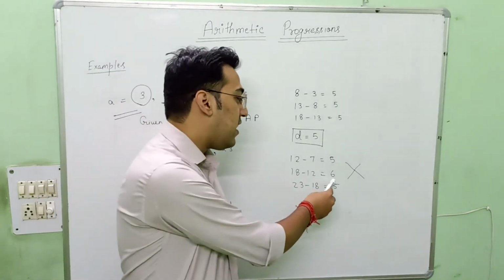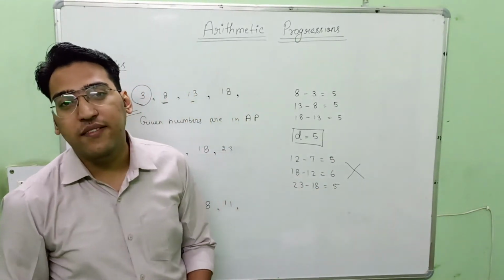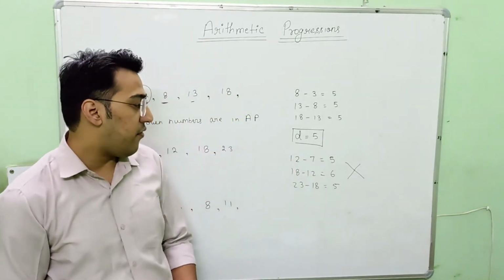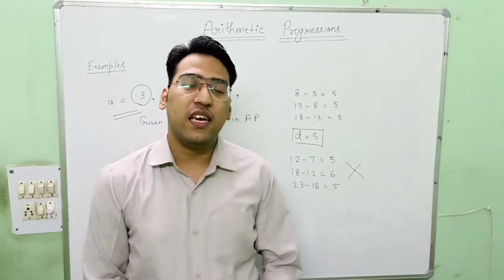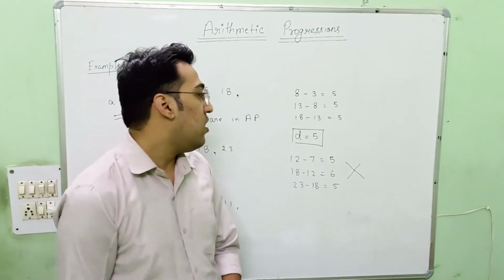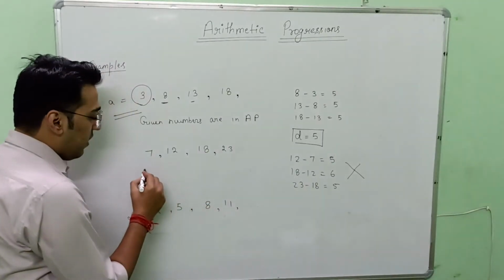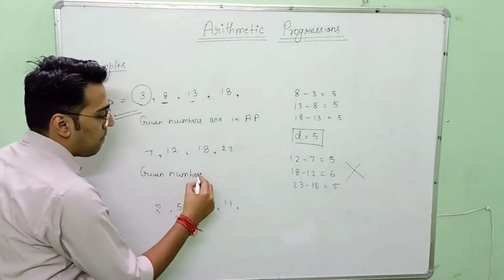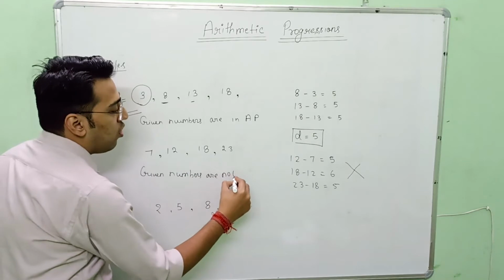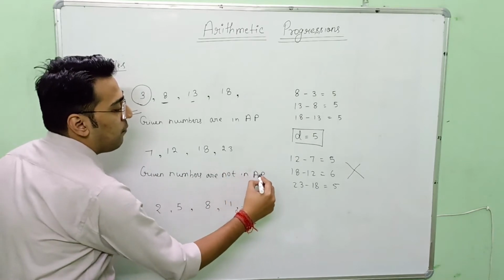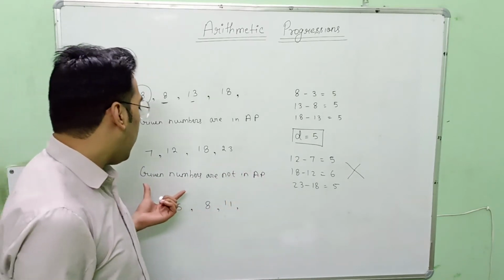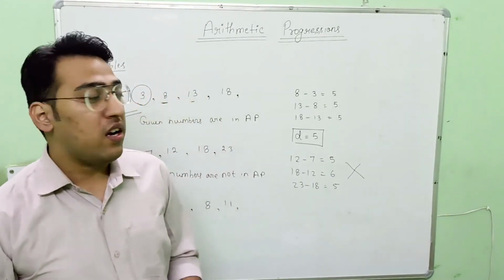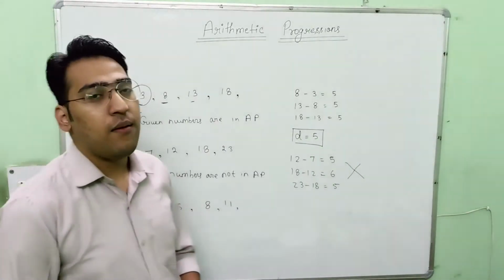But there is 6, so the common difference is not the same for this example. So we will write: given numbers are not in AP.